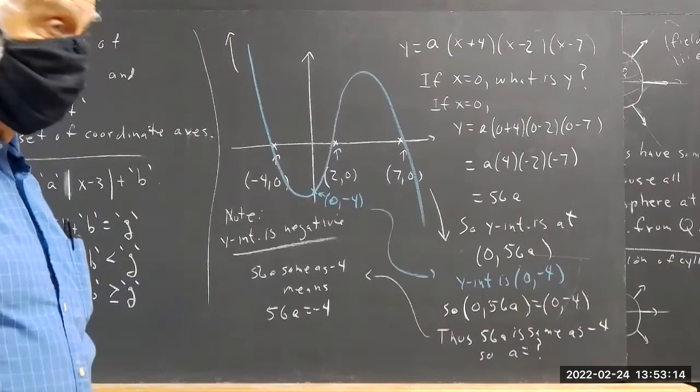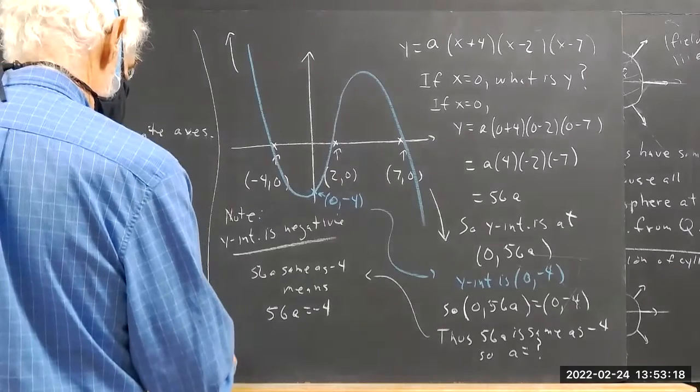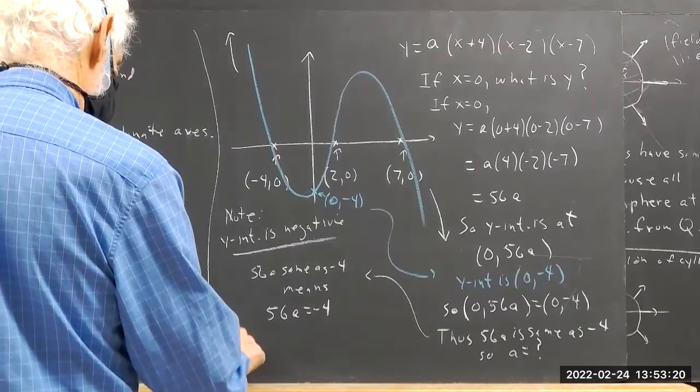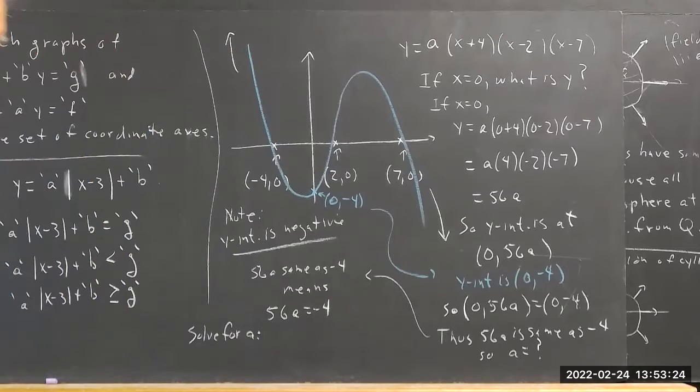Now that's a simple equation. What do you do to both sides? Just solve for a. Okay. Glad to see everybody wrote out the algebra correctly.